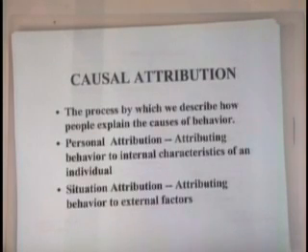Basically, we use two categories to attribute behavior. One is a personal attribution, attributing behavior to the internal characteristics of an individual. What might be some of these internal characteristics?